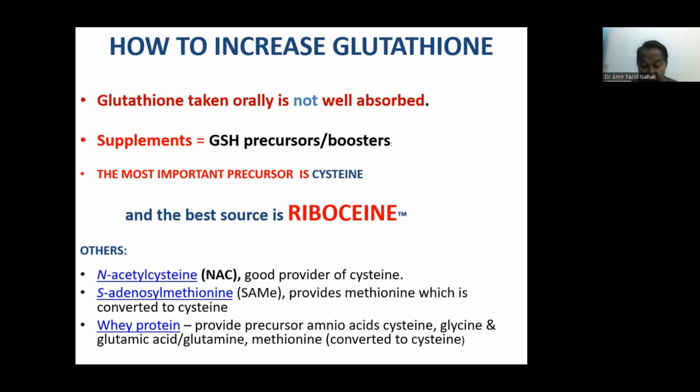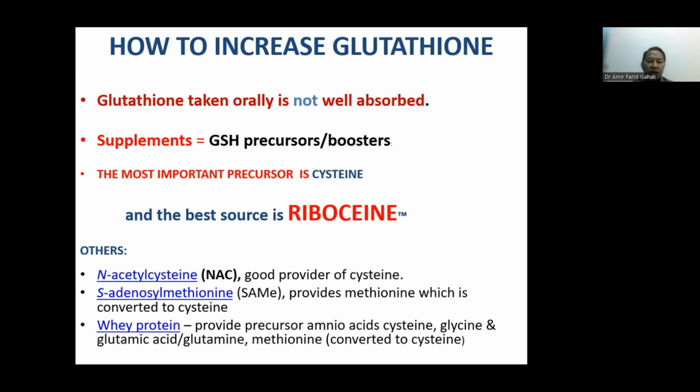It is one of the 3 amino acids that make up glutathione. The other 2 are glutamic acid and glycine, but glutamic acid and glycine are plentiful in the diet unless you're severely malnourished. So all we need to do is to provide cysteine in a stable form that can withstand the digestive system and get absorbed and be made available for the cells to produce glutathione.